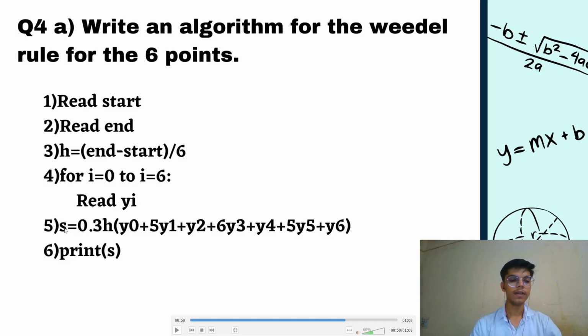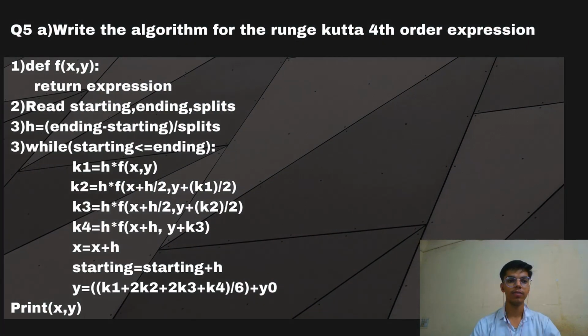Now we will assign the value of s as 0.3 into h and different values of y. Now we will print this value of s, which will be the resultant integration of the Weddle rule. So this is the algorithm of it.